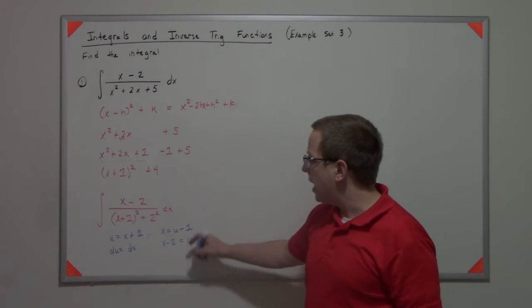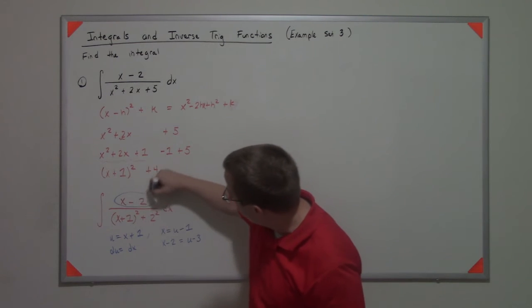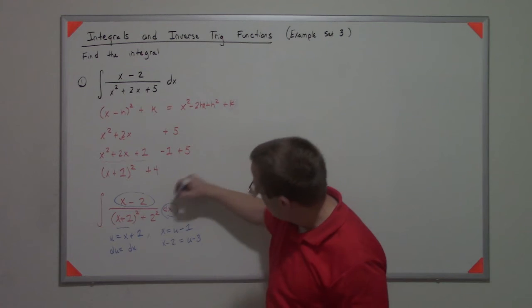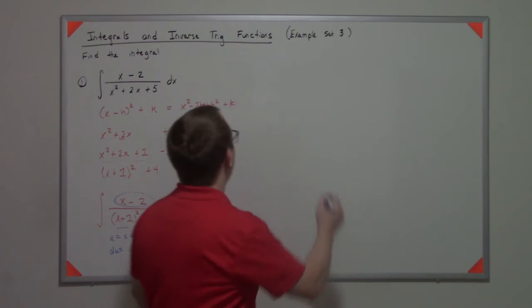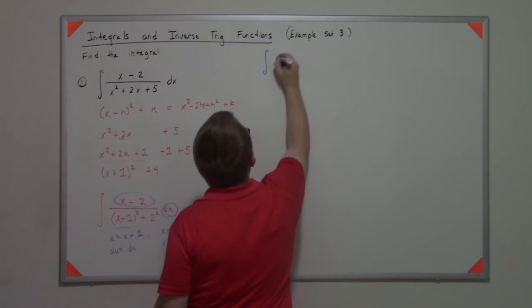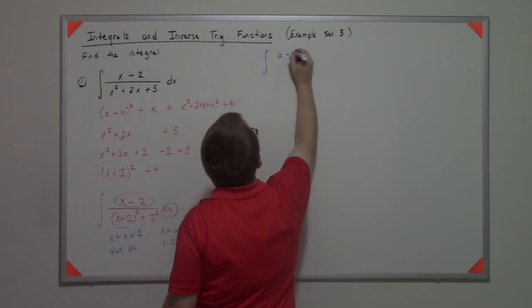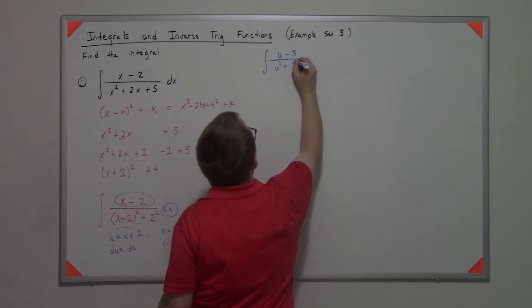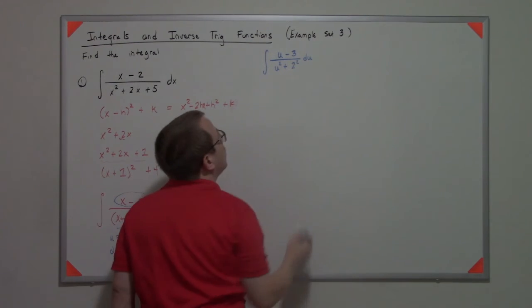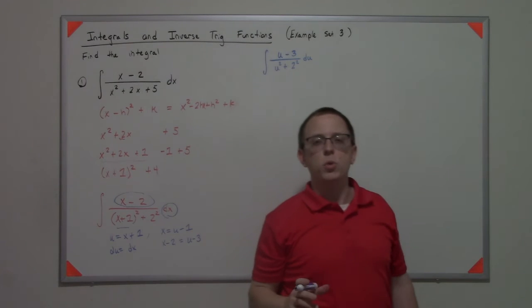So by doing that, I now have something to substitute in for each of those terms. So let's continue on over here. So I have u minus 3 over u squared plus 2 squared du.